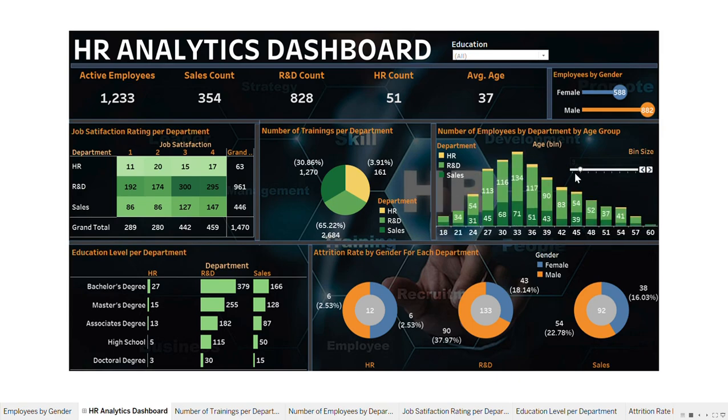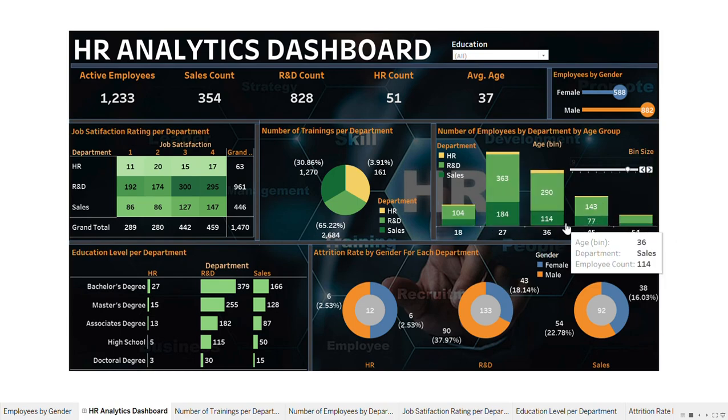So whichever age bracket that you want to pick out and maybe be informed, you can easily visualize it and maybe come up with a report or a decision basing on whatever you've got.